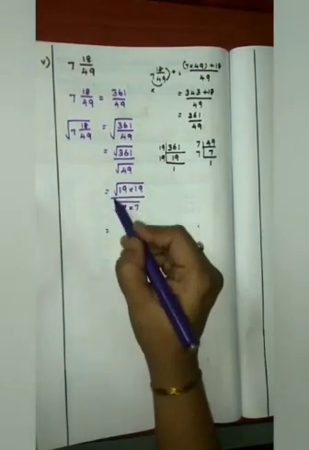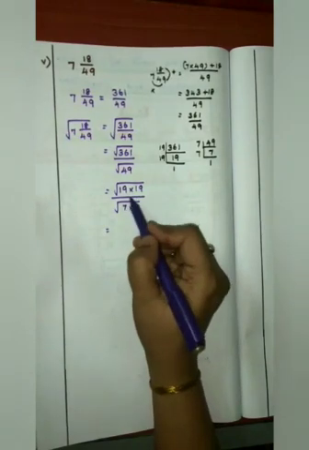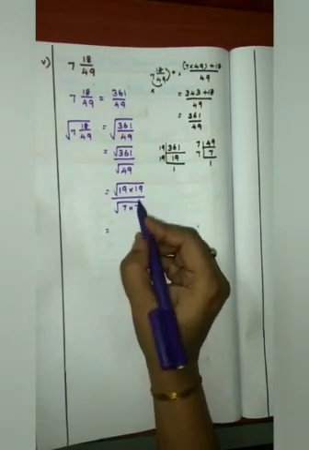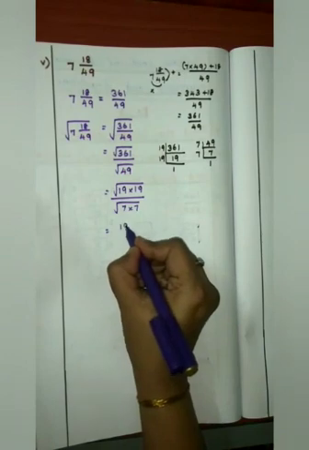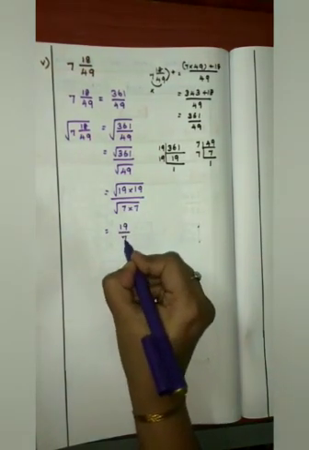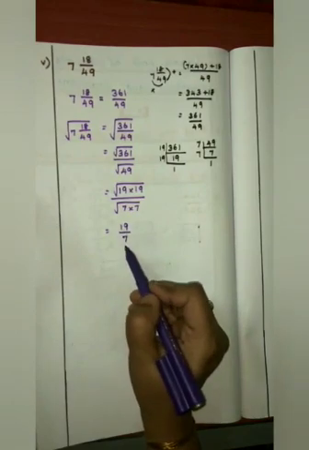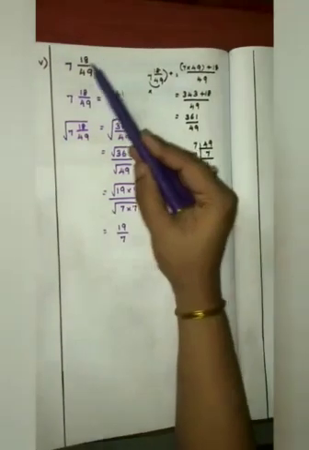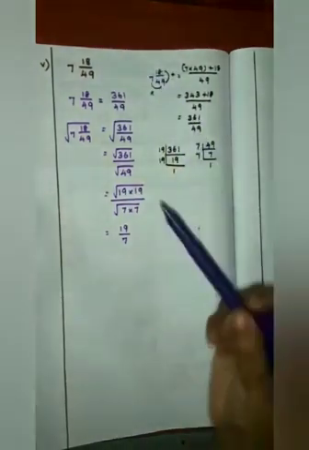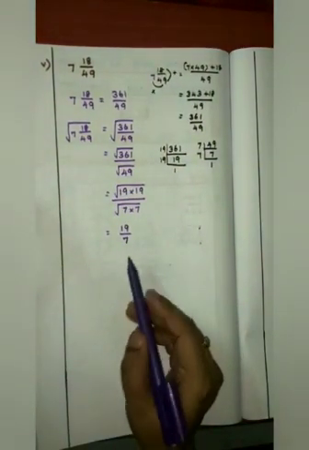In order to remove this symbol, you take 1 from each group or from each pair. 19 by 7. So we found the answer, that is 19 by 7, but the question is given in mixed fraction form, so write the answer also in mixed fraction form.